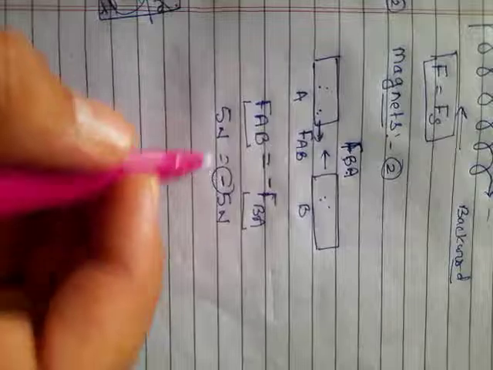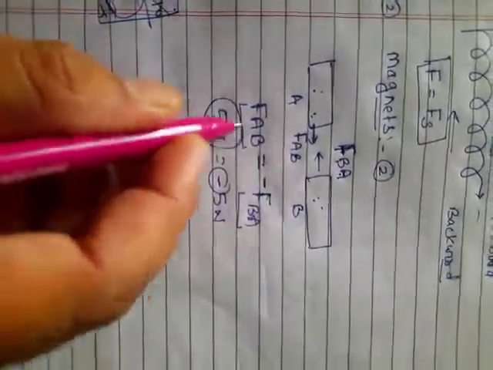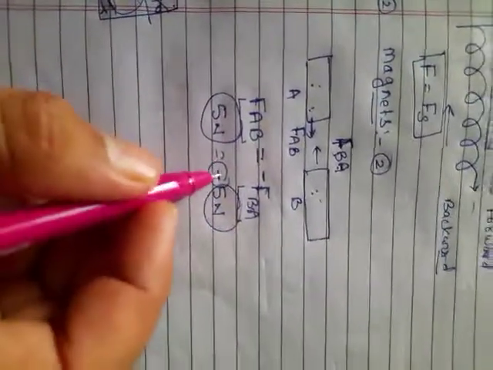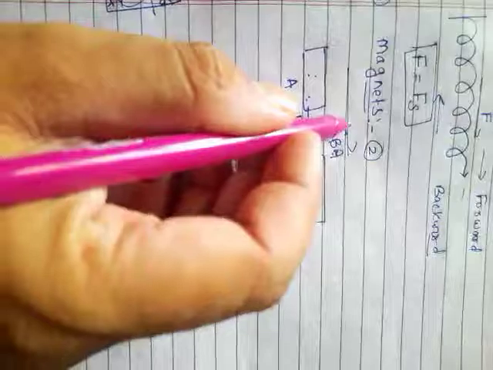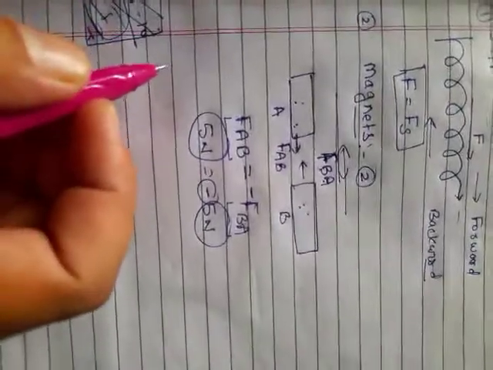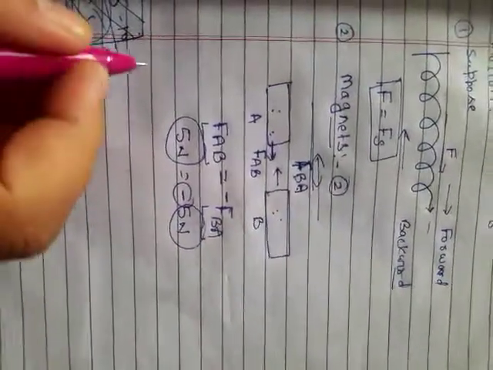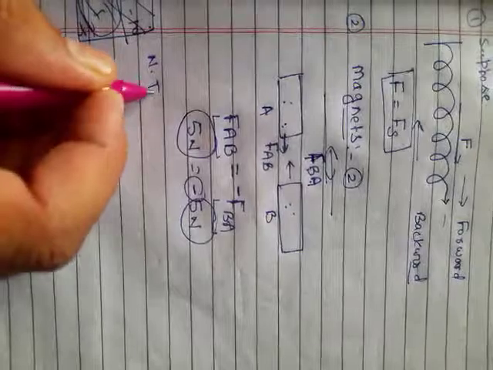Due to this negative sign, we can say that both are equal in magnitude but different in direction. Direction means opposite direction. We can say this one gives forward, and this magnet gives reverse, reverse means backward direction. Okay or not? Okay. So we can write the definition of this Newton third law of motion.